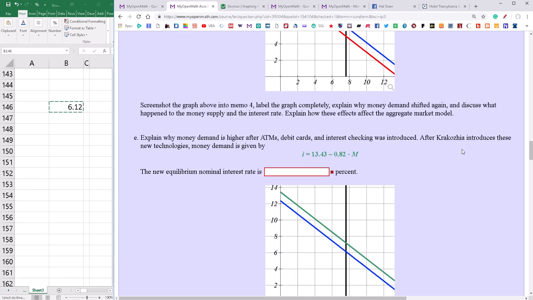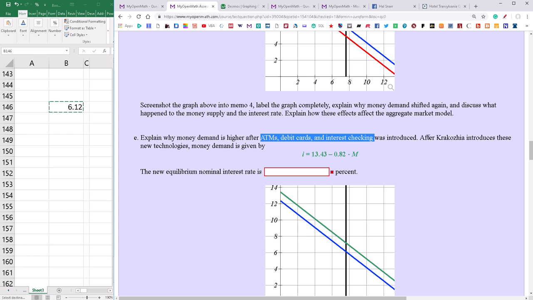Now, explain why money demand is higher after ATMs, debit cards, and interest checking are introduced. Well, if we went from a society where there were no ATM machines, no debit cards, and there wasn't a thing called interest checking, then people probably wouldn't use a checking account as much.